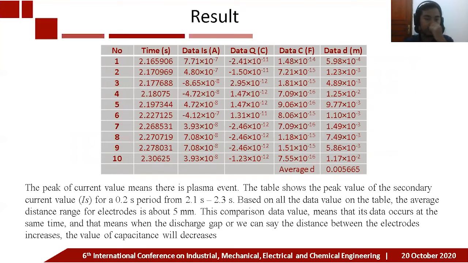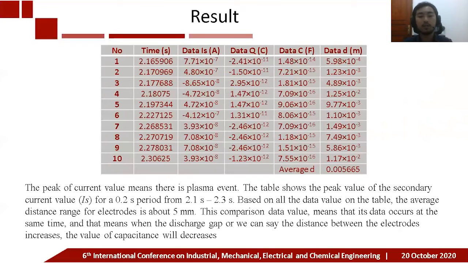And then the result of calculating the secondary current value. The peak of the current value means there is a plasma event. The table shows the peak value of the secondary current for a 0.2 second period, from second 2.0 and from second 2.1 till 2.3.